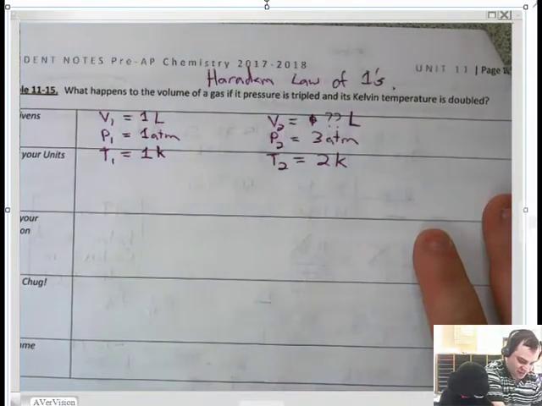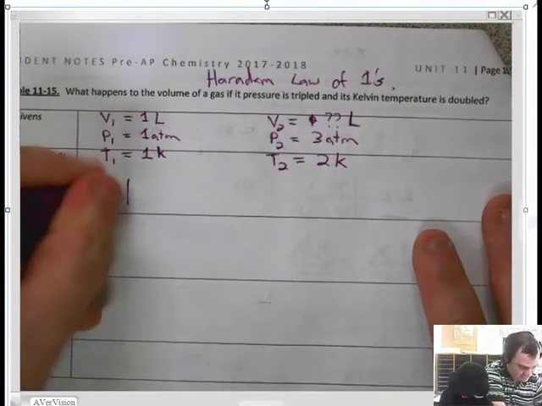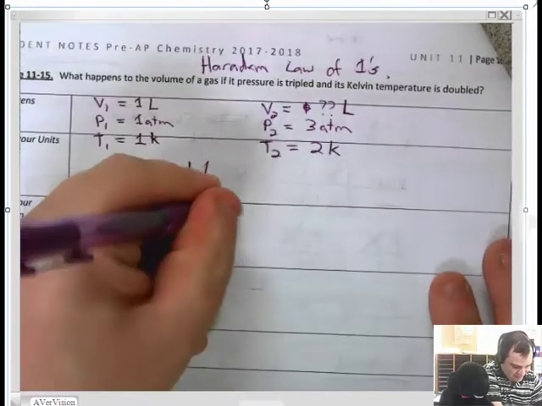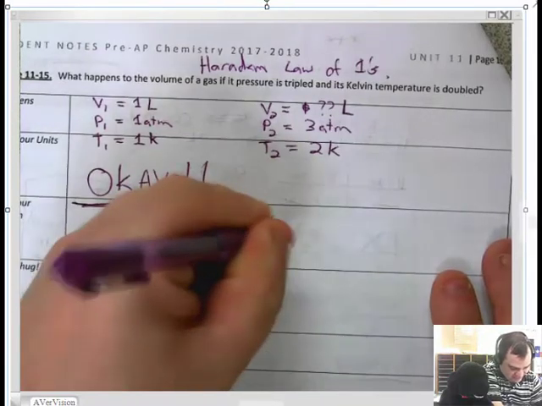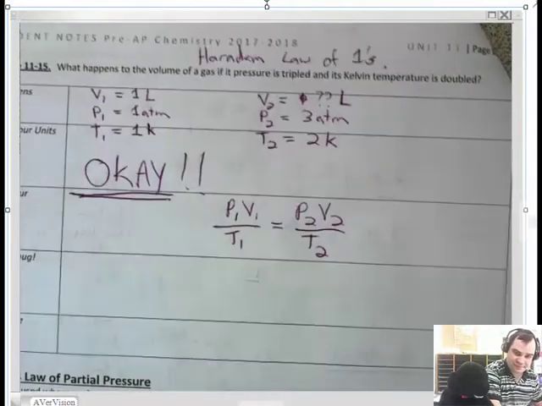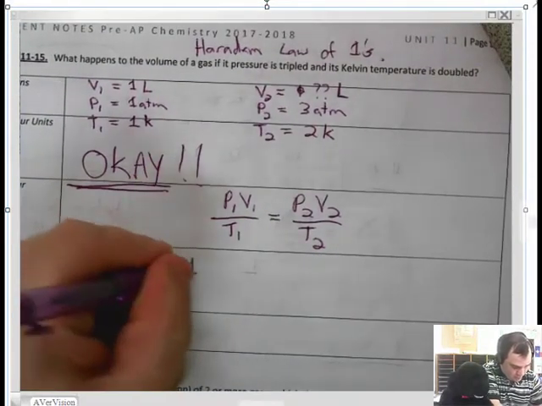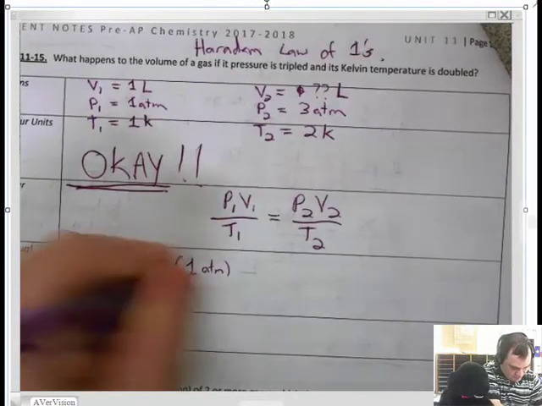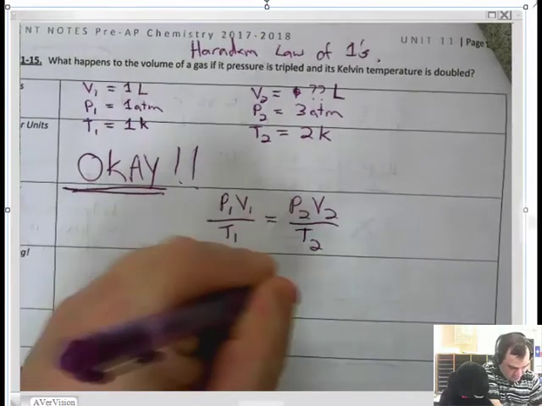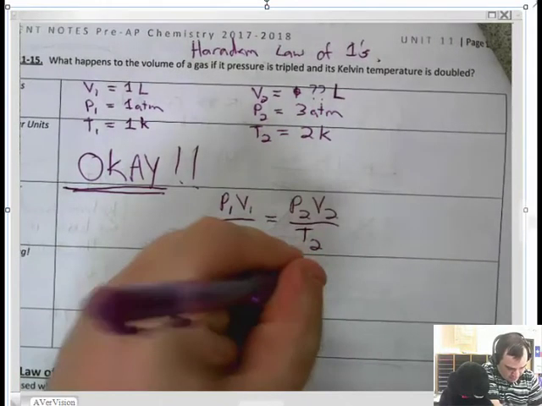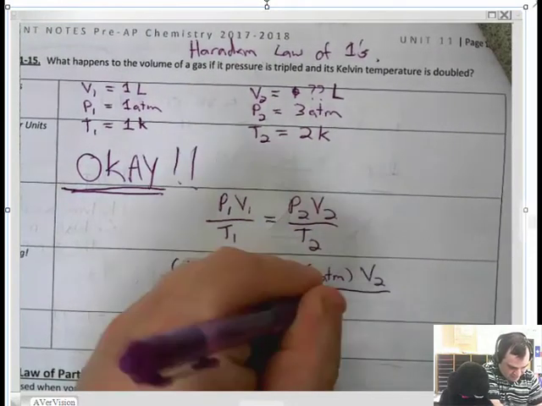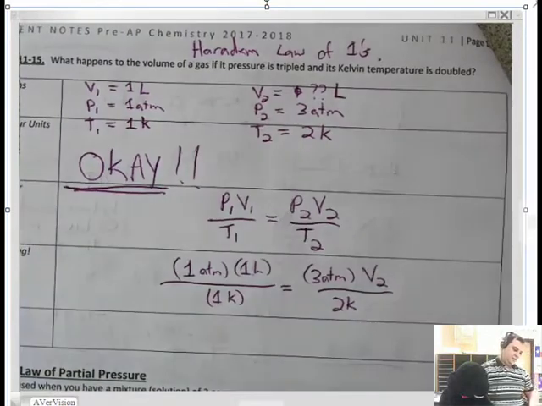Check the units to make sure they're the same. They're the same. Write down my equation. P1 V1 over T1 equals P2 V2 over T2. So this is going to be 1 atmosphere times 1 liter over 1 Kelvin equals 3 atmospheres times V2 over 2 Kelvin.